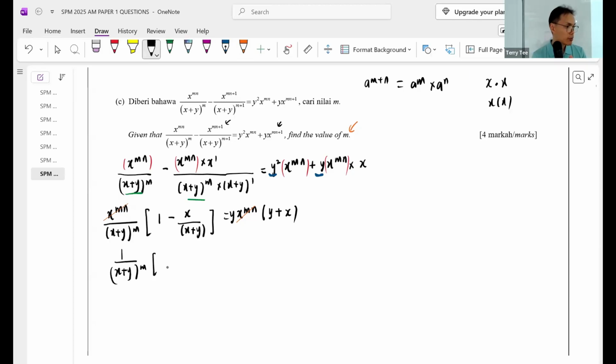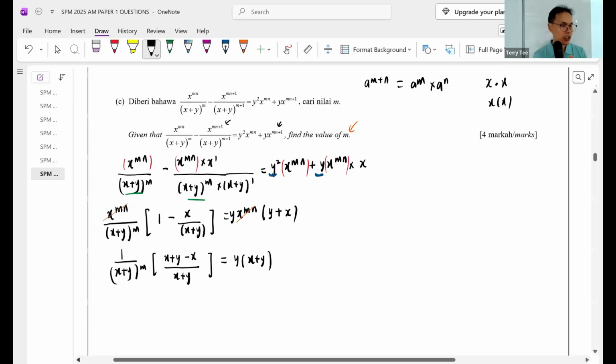You multiply top and bottom with what? x plus y. Times top and bottom x plus y, y minus x, divide by x plus y. The result, you're left with a single y here with a y plus x. Now, y plus x is the same as x plus y. Let me just write this as x plus y up here.